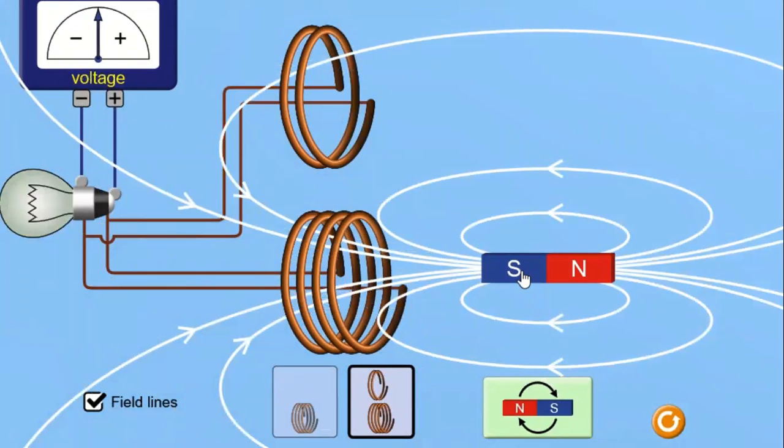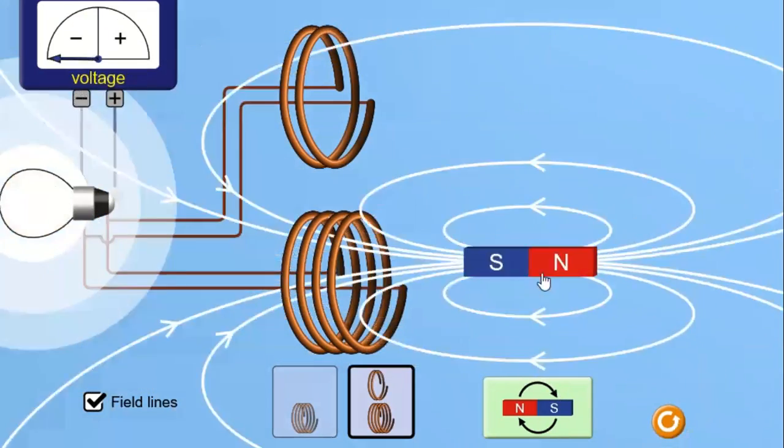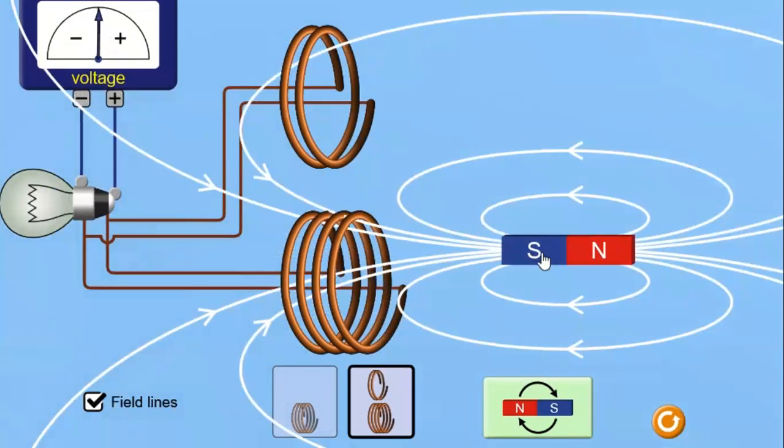When the change stops, the induction of the current stops. So that's electromagnetic induction: the inducing of current in a closed circuit when the magnetic field associated with it changes with respect to time.